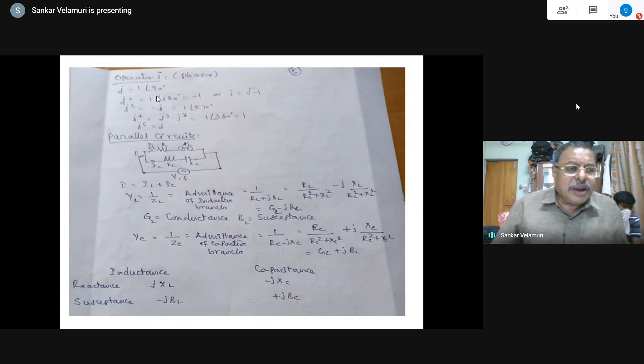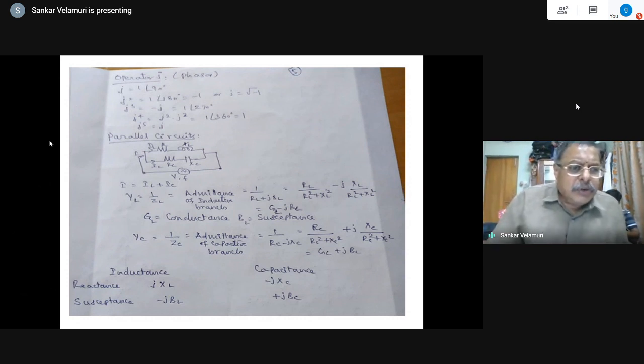Similarly, j squared means 1 at an angle 180, equal to minus 1. So j equal to square root of minus 1 is the same complex quantity that mathematicians call i. But we want to use small i for the instantaneous value, capital I for the RMS value, and Im for the peak value of the currents, so we use the j notation here.